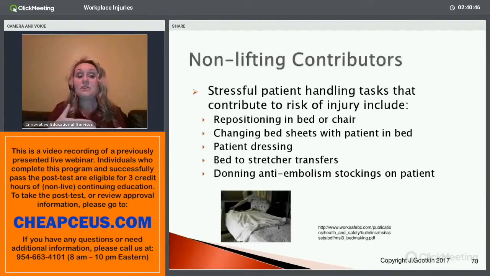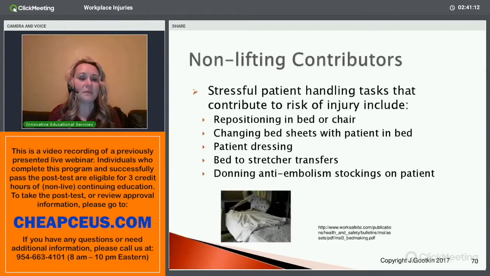If we look at musculoskeletal disorders in terms of repetitive injury, there are non-lifting contributors to that. It's the other patient handling that's repetitive in nature that's contributing to those injuries. Repositioning a patient, changing the sheets in the awkward posture. It's not necessarily just the lifting that's contributing to the injuries.